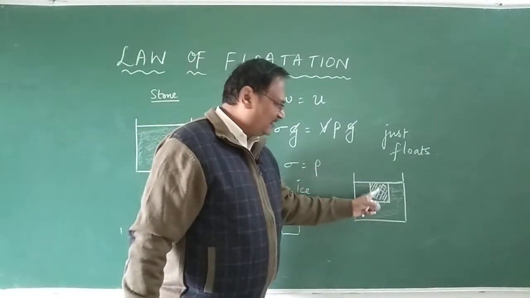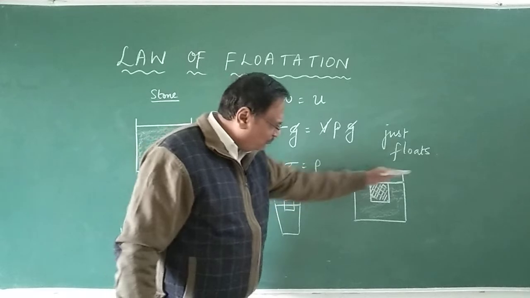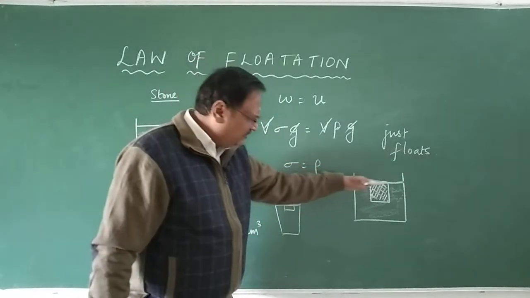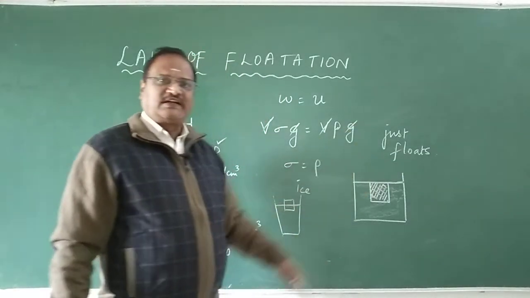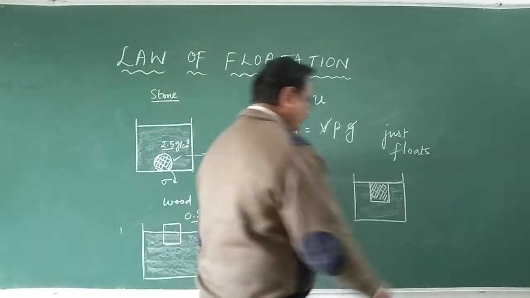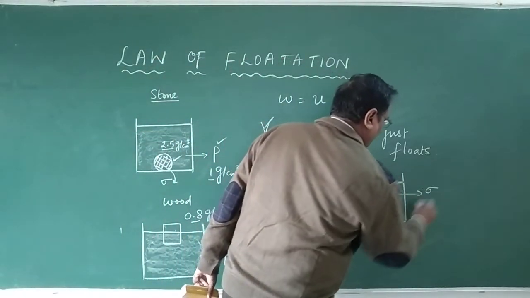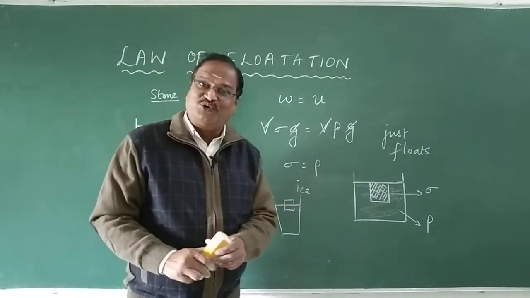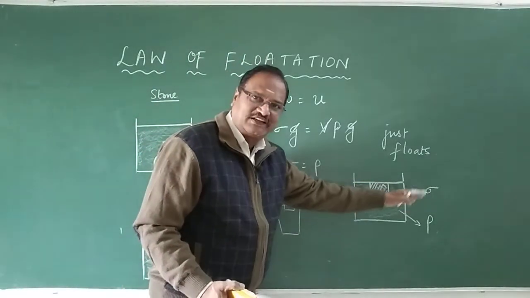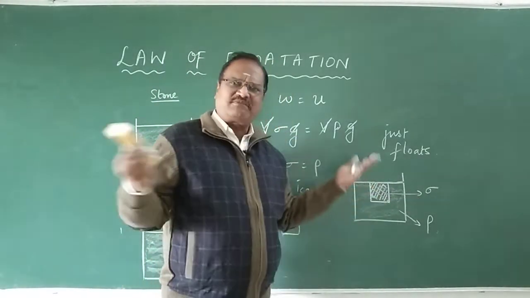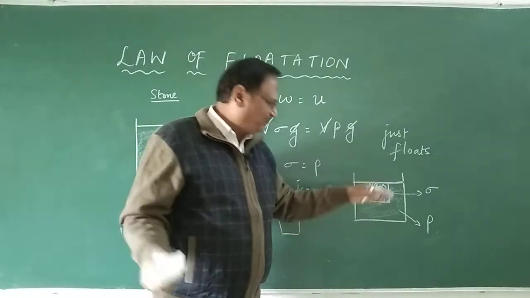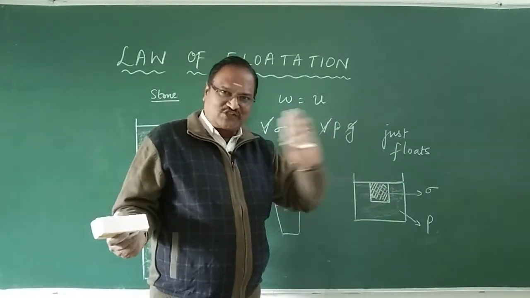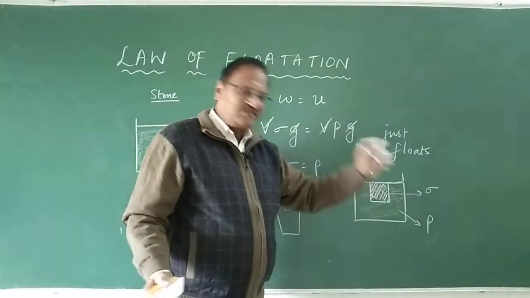In this case, just to float, it will be just floating, just below the level surface, just touching the level of the water. This is the case where sigma and rho, both of them are the same. It will look to you as if the object is not there. That means both of them have the same density. If it is water, it's also water. You can imagine like that. It will be just invisible to you sometimes.